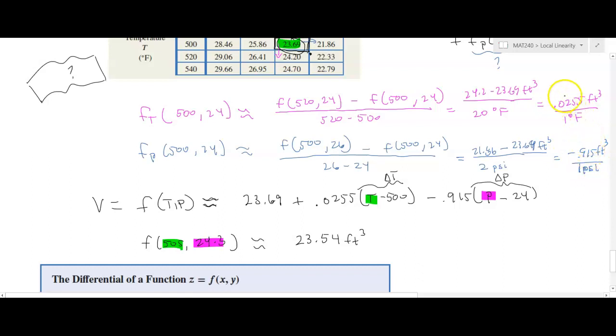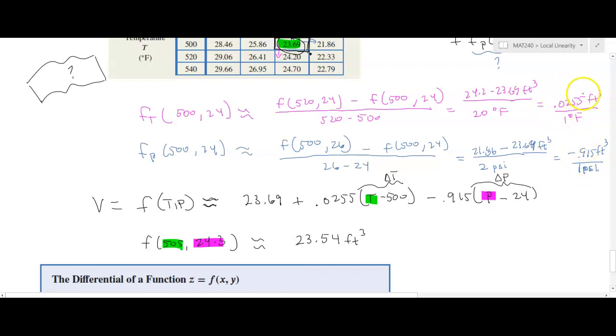But since we increased this by a lot more than we did this, we see that the volume actually did go down a little bit, because 0.0255 is much smaller than negative 0.915.